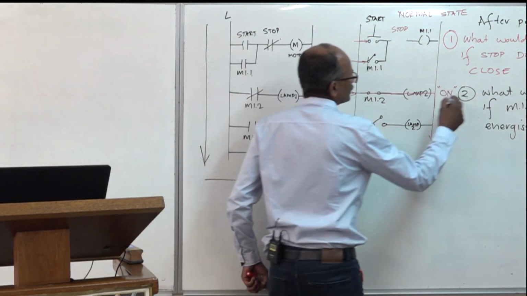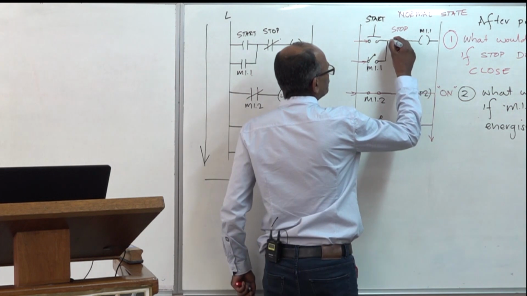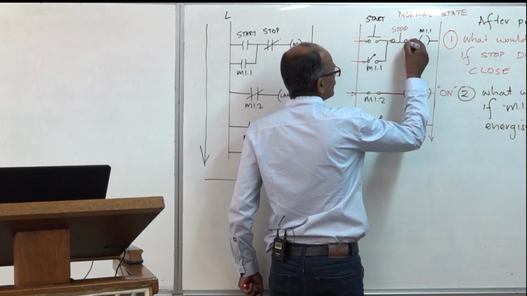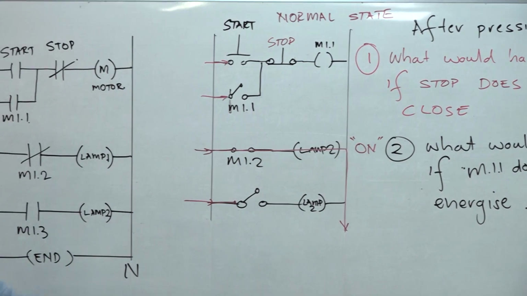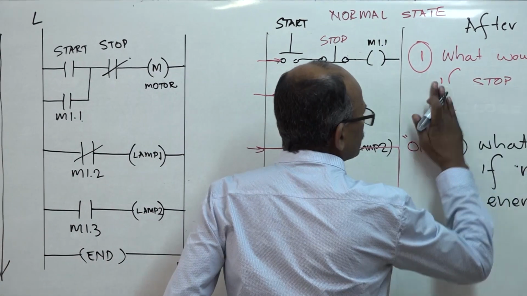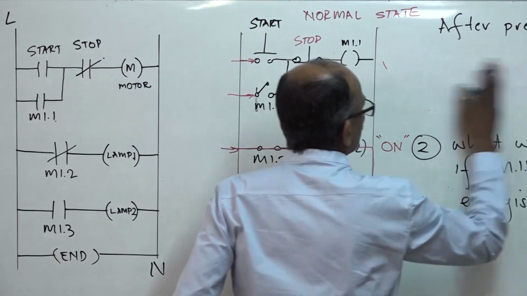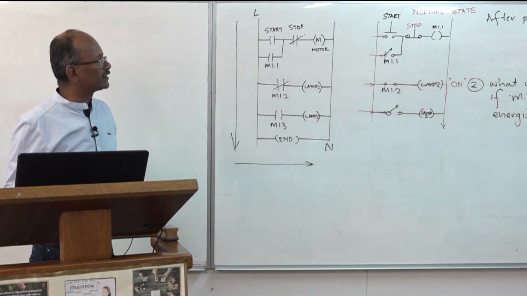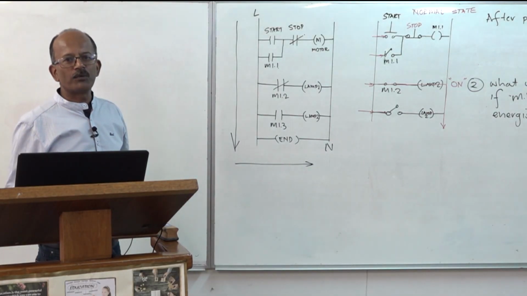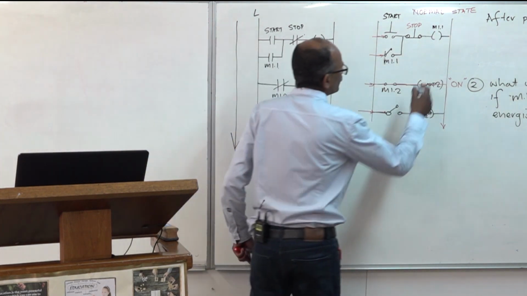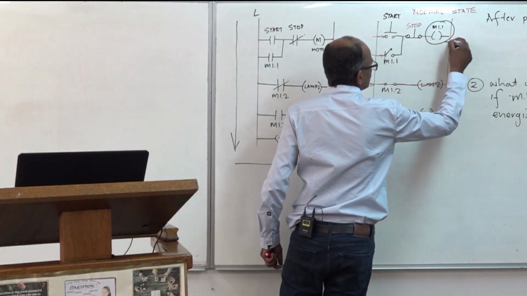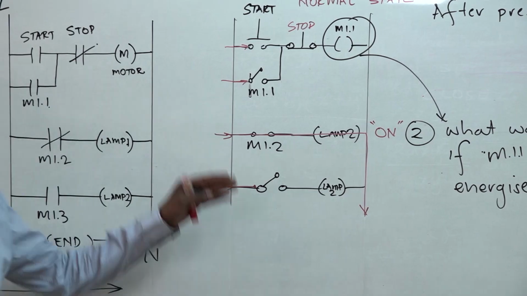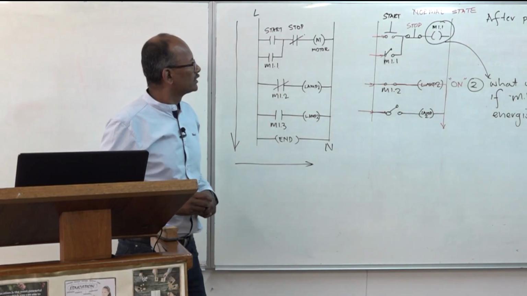When you are looking at the next question, you replace your stop button, and you would ignore the previous question completely. And now you look at, as if that's the only question, what would happen if M1.1 does not energize? So what would happen if this does not energize? And you would answer the question as follows.